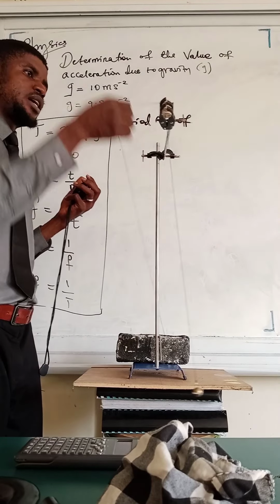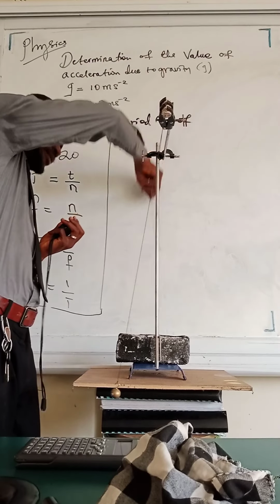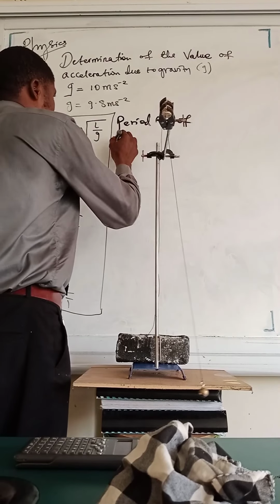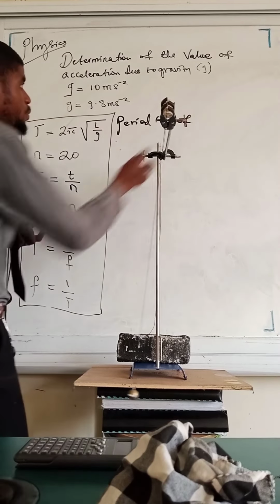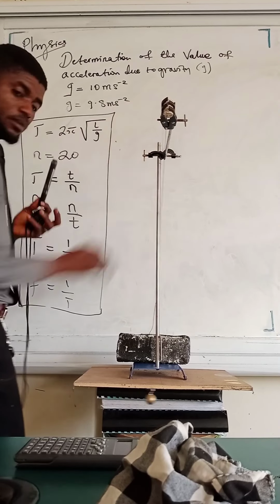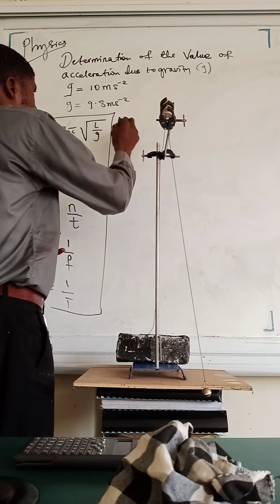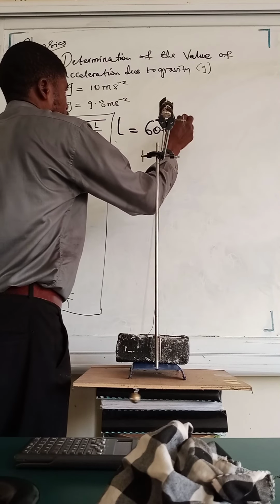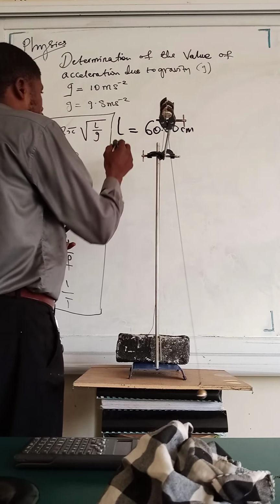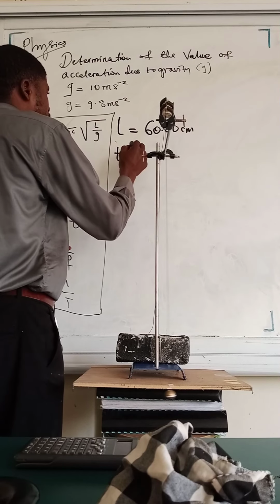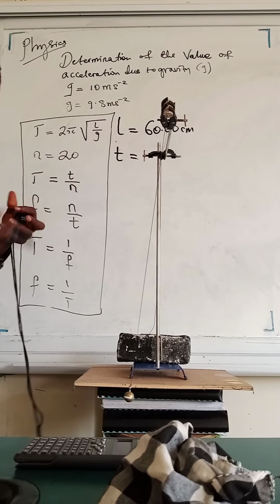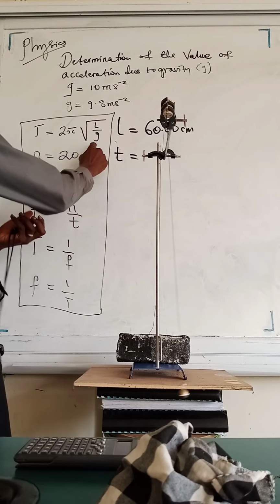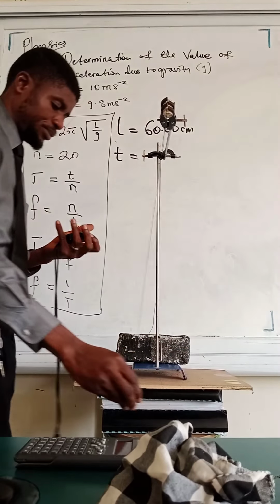So I am bringing this thread back. The length of the thread L is given to be 60.00 cm. And we want to find the time taken for 20 complete oscillations. And then we'll come back to this equation and substitute and get the value of G. So let's start.